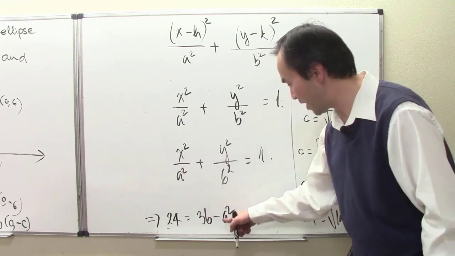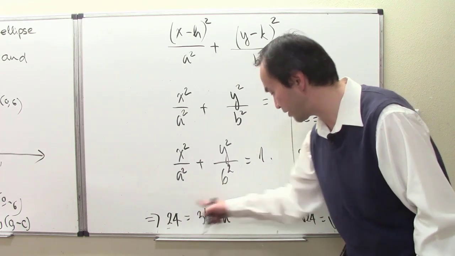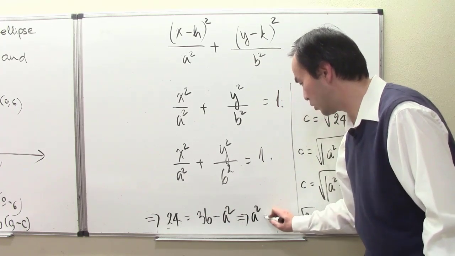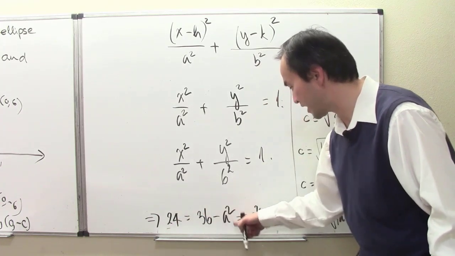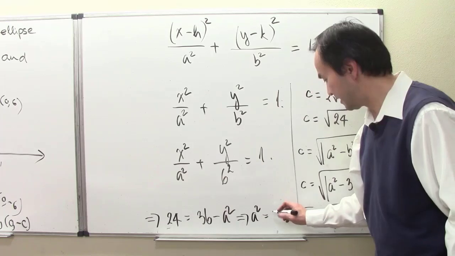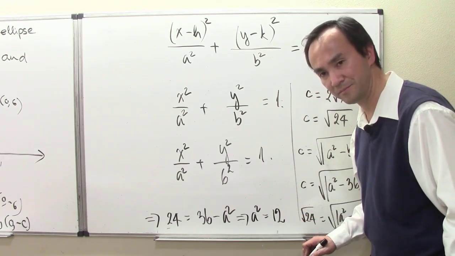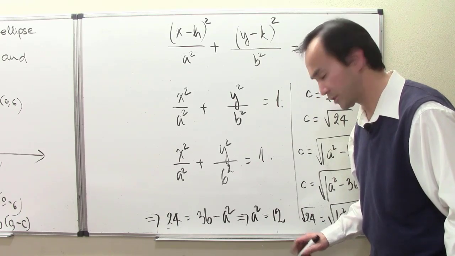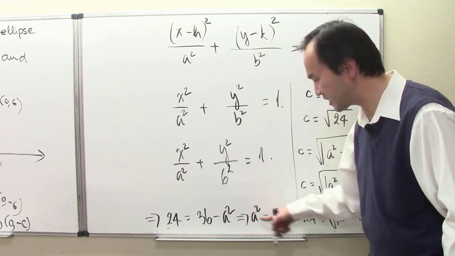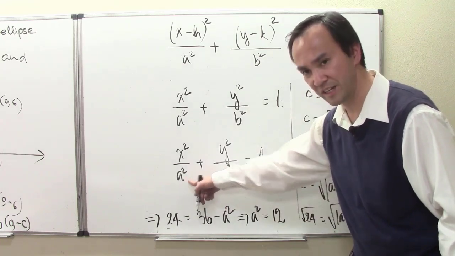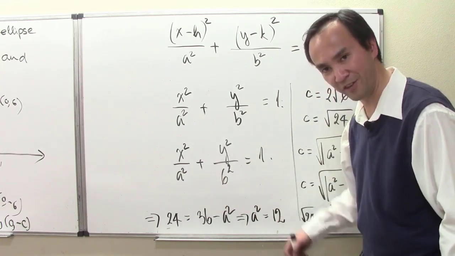And so now we can simply rearrange this equation, making it a squared equals, now I'm subtracting 24 to the other side and adding that a squared to the other side, making it 12. All right, so a squared equals 12. And I don't think in this problem I have to go all the way down to a, because a squared is everything we need. So a squared equals 12. We have found it.